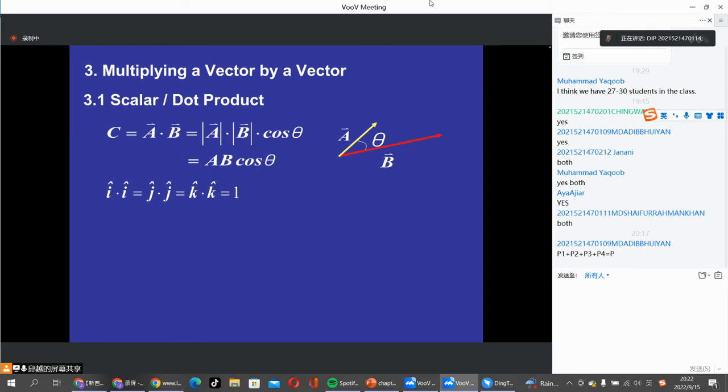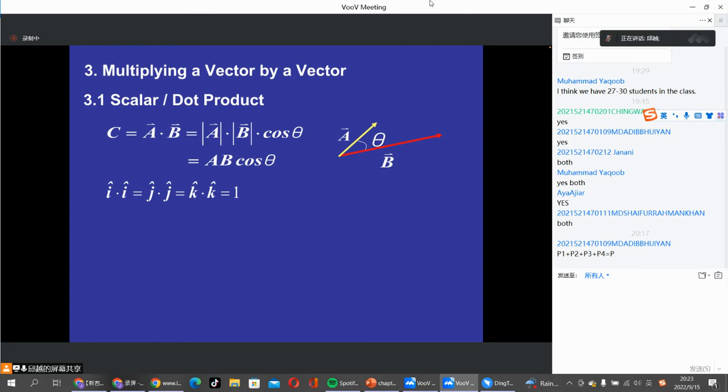Okay, the dot product of the unit vectors equals what? If the two vectors have the same direction, theta equals what? Equals 0, right? If theta equals 0, cosine theta equals 1.